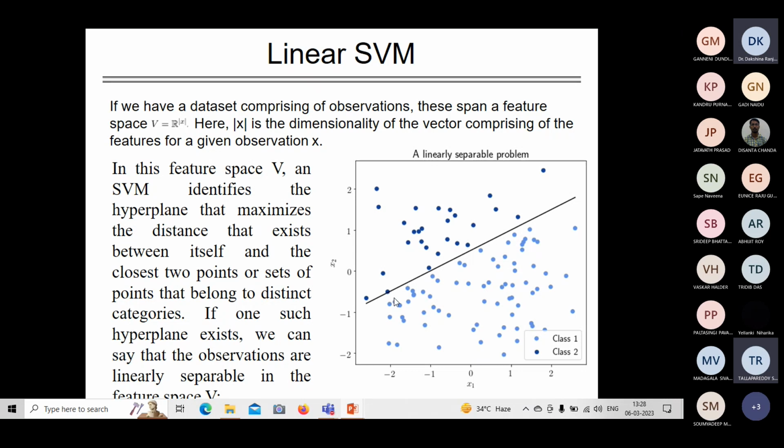Okay, that means if we get the distance from one class boundary to another class boundary, in between those class boundaries we will have the hyperplane. So at the mid of the class boundary distance we will get the optimal hyperplane. Okay, and from both the class boundaries we will have equal distance to this hyperplane. Now if one such hyperplane exists, then we can say that the observations are linearly separable in the feature space.